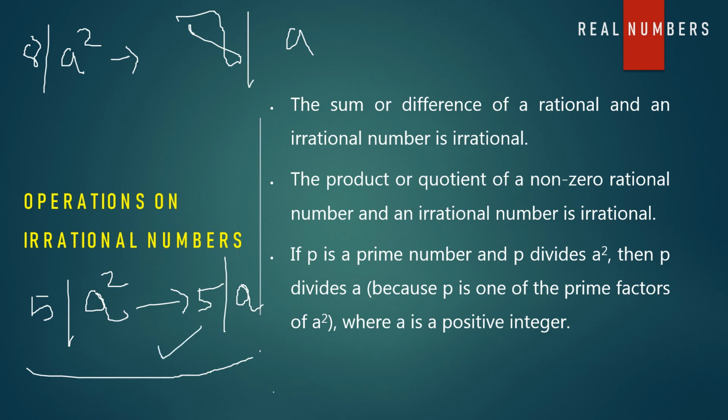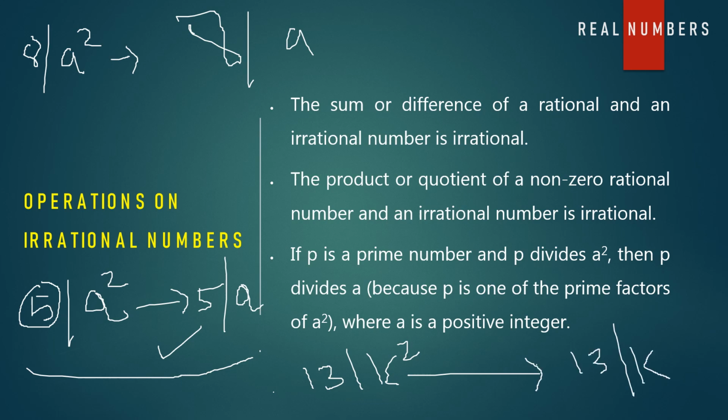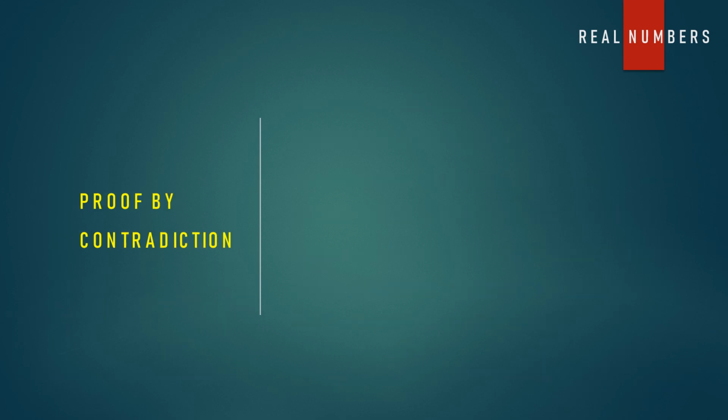This formula is correct when in this place we have any prime number. 13 divides some k square gives 13 divides k, because 13 is a prime number. In place of 13 if we have any number which is not prime, then this is not possible. This way we are going to use this point. This point is very important while doing problems in this topic.